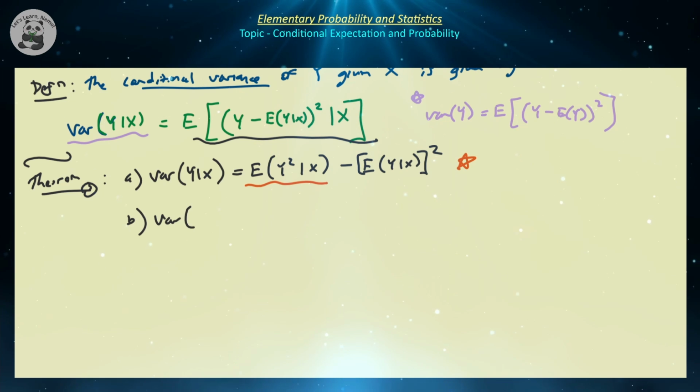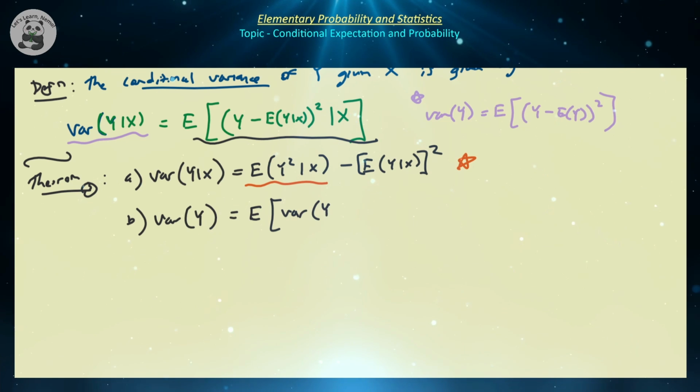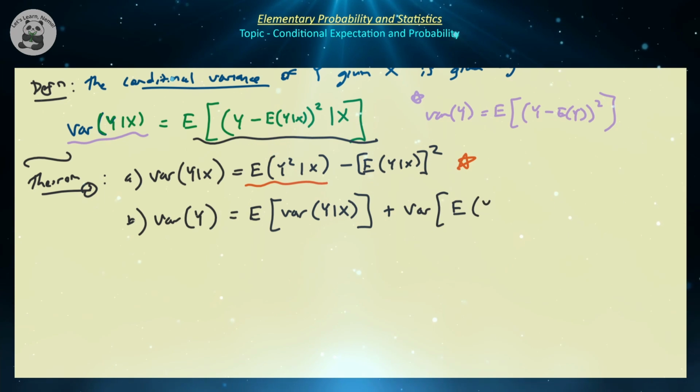Another very important thing is the following. The variance of y can actually be represented as a switched version of expected value and variance. In particular, the expected value of the variance of y given x plus the variance of the expected value of y given x.